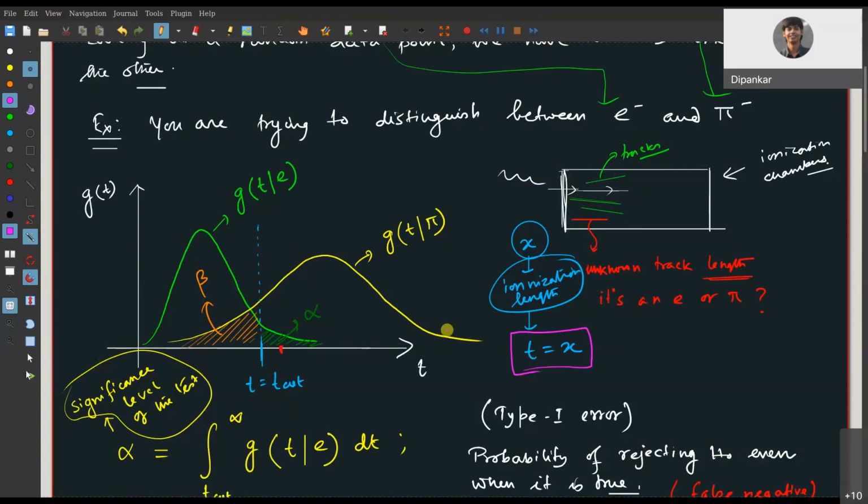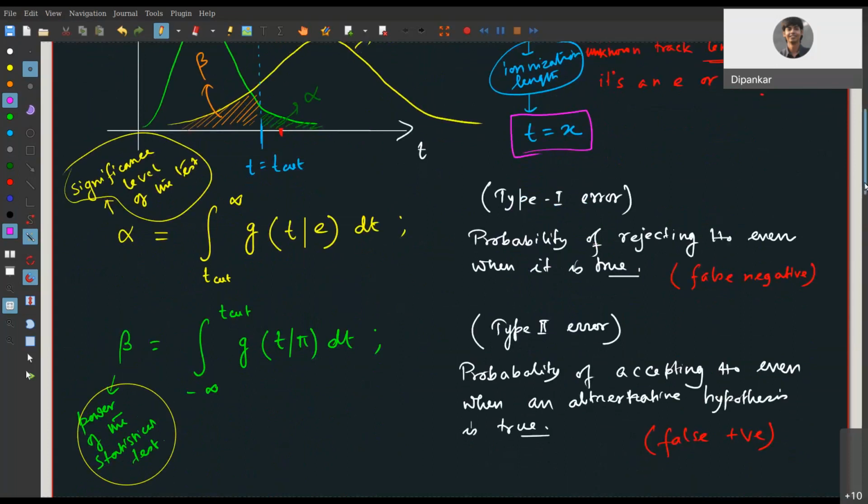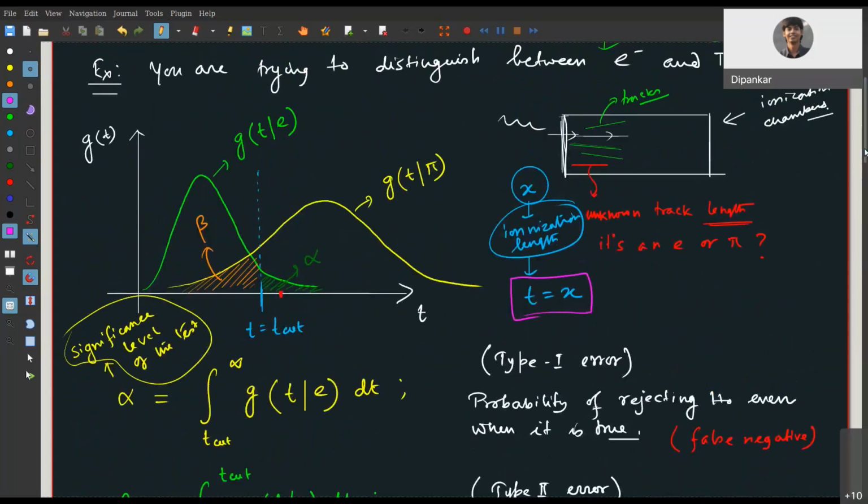You have two distributions, you choose a cut and you try to analyze your data. So we will proceed with this simple example where the test statistic has already been constructed, that is t equals x, and I am trying to distinguish between electron and pion. Let's see what happens, then I will come to the question of how to construct a test statistic. So for now you should accept that this is my test statistic, and based on this I am going to distinguish between electron and pion.